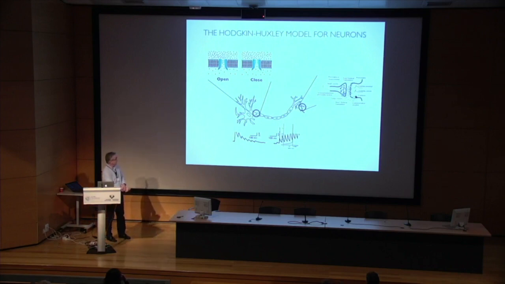In a myelinated axon, it will be at the nodes of Ranvier that these are going to be placed. The actual case that they looked at was not myelinated, but still you have this kind of object.